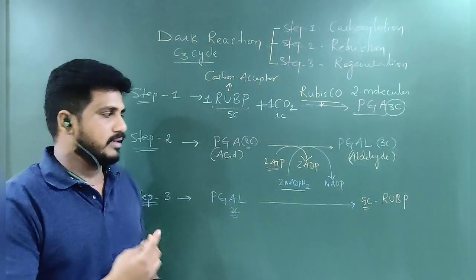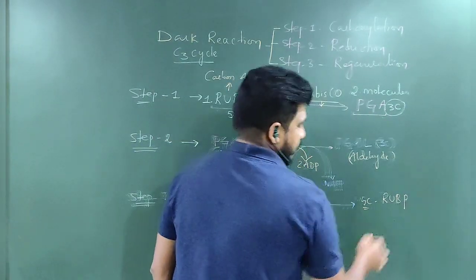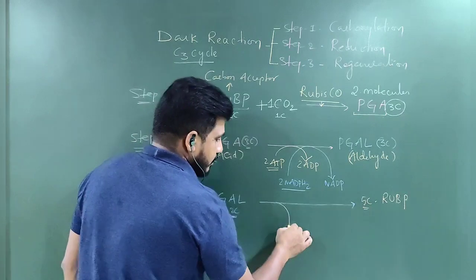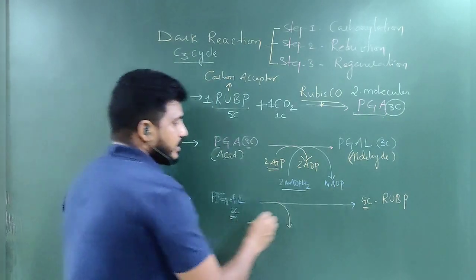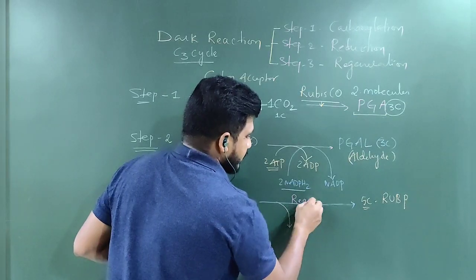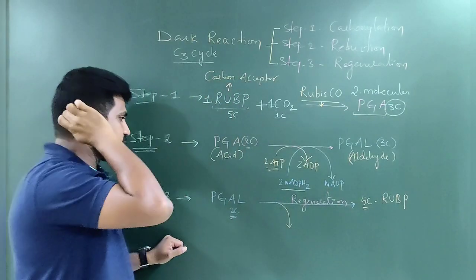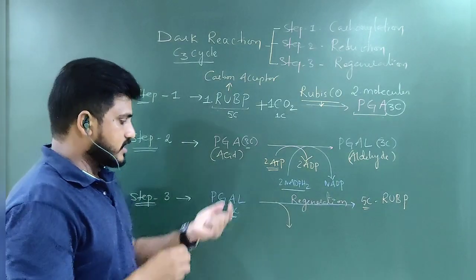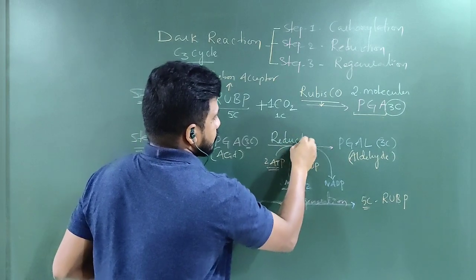That's why it is a cycle. It is 3 carbon, but it becomes 5 carbon. Meanwhile, it is regenerating. That is why this step is called regeneration, the regeneration of the starting substance, RUBP. Then what is this earlier step called? This step is called reduction.